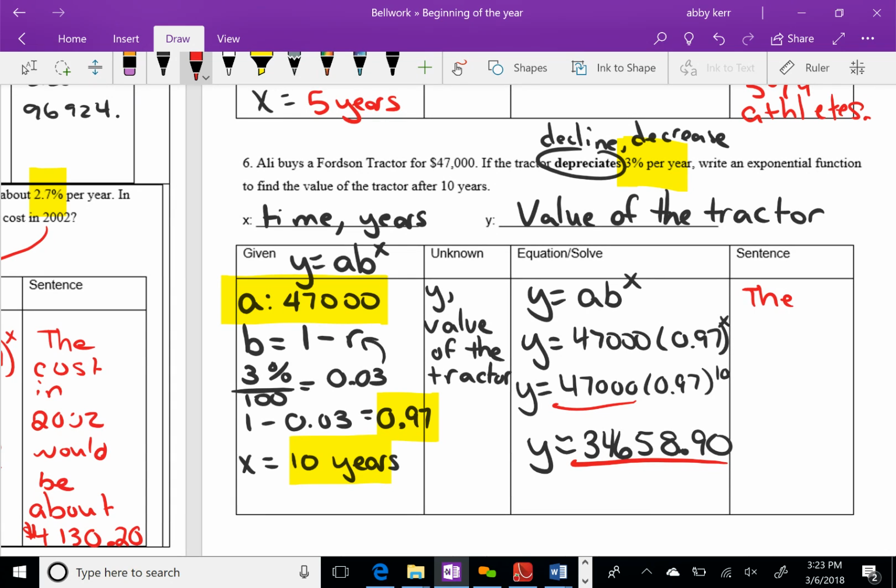So the value of the tractor will be about $34,658.90 in 10 years.